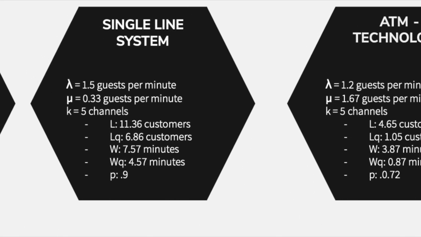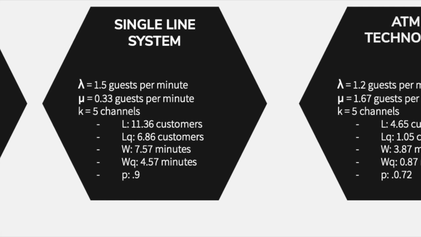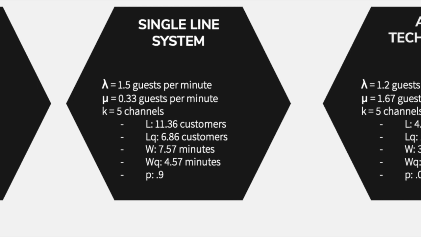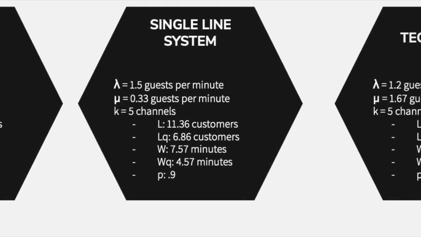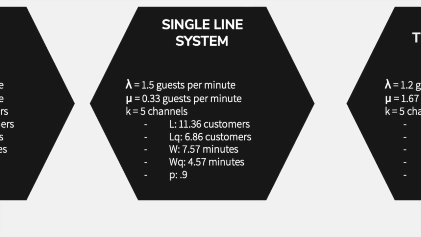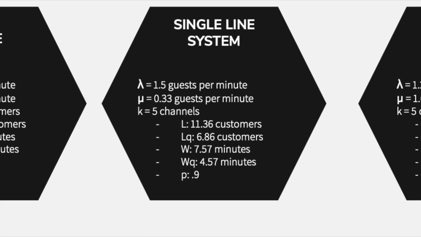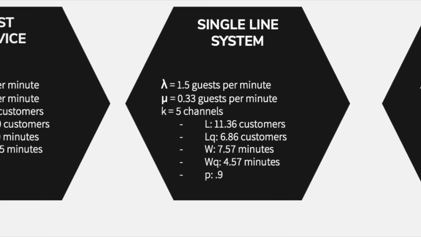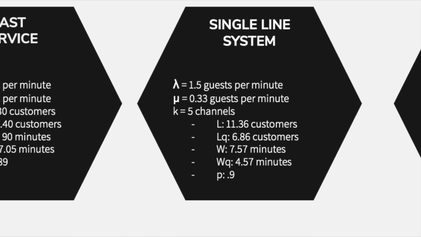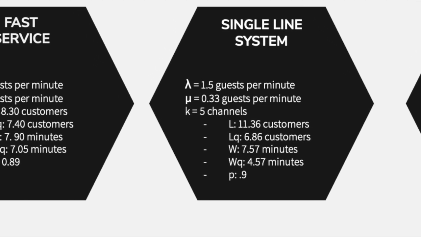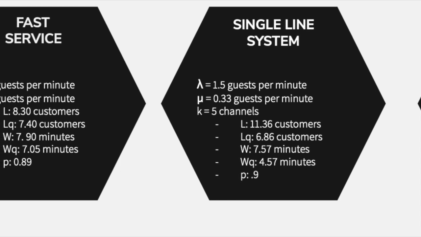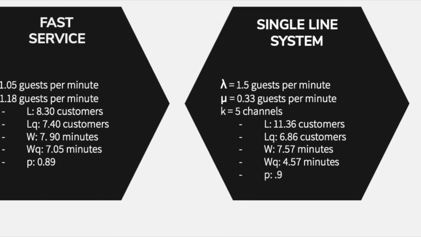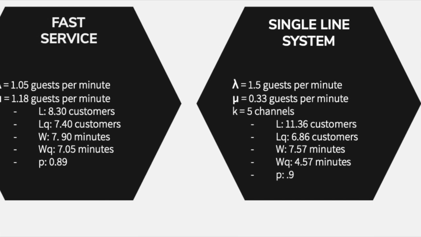The second alternative is the single line system. In this one, we have an arrival rate of 1.5 guests per minute and a service rate of 0.33 guests per minute. Here we also have 5 channels. The number of customers in the system will be 11.36, and the waiting time in the whole system is 7.57 minutes, which is almost 8 minutes, and it's a lot.